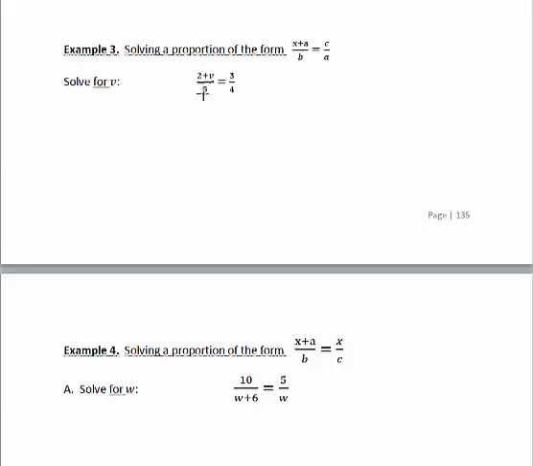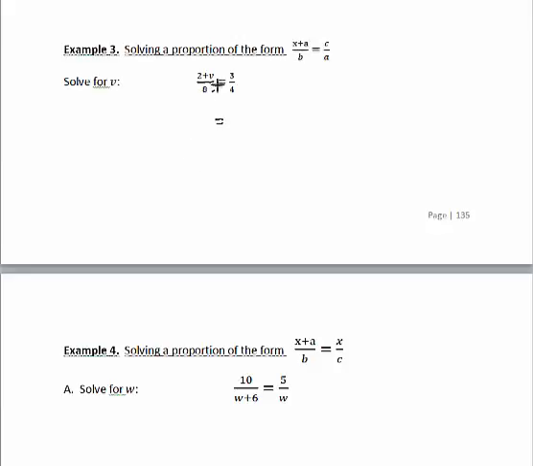So we look at the left as being one fraction or one ratio. Likewise, on the right, we have 3/4, which itself is 1 ratio. So we have a proportion. This is a ratio equal to another ratio.